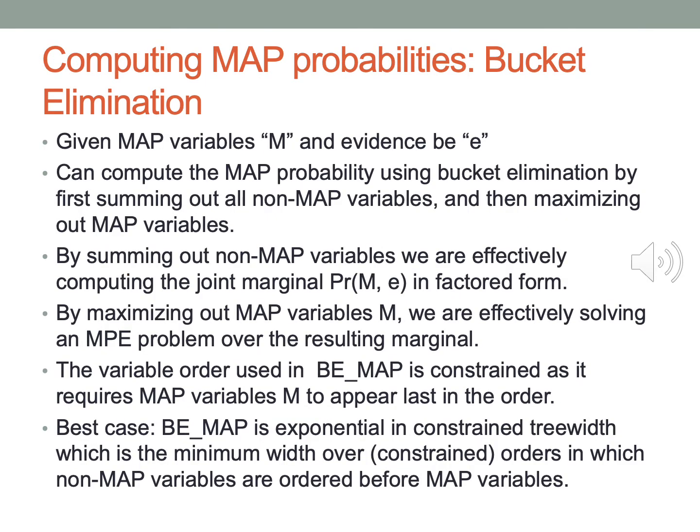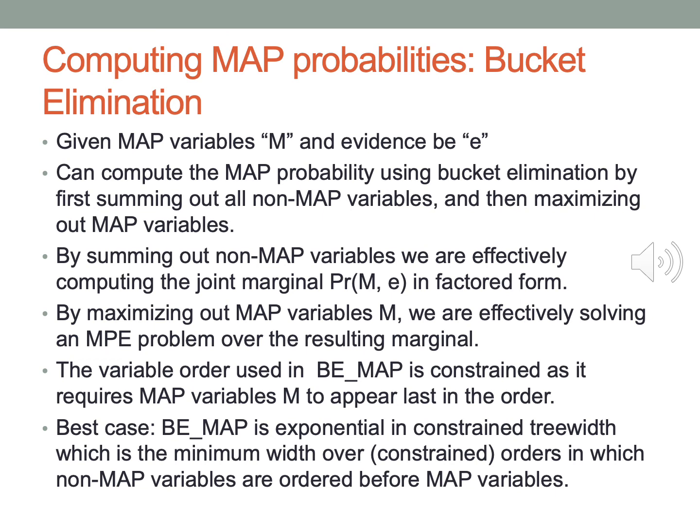Let us switch from MPE inference now to MAP inference, which at a high level is a generalization of MPE. The problem is harder because it is a max sum product problem and we cannot distribute max over sums. Therefore, we have to solve the problem in two stages. We first perform the sum product task and then we perform the max product task.